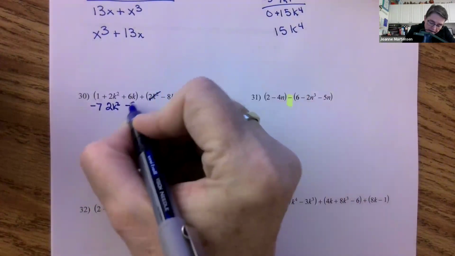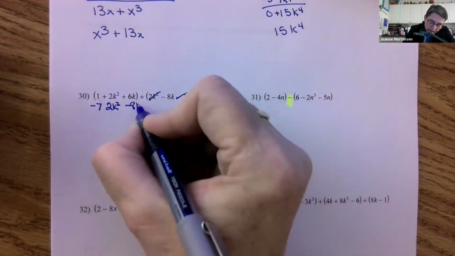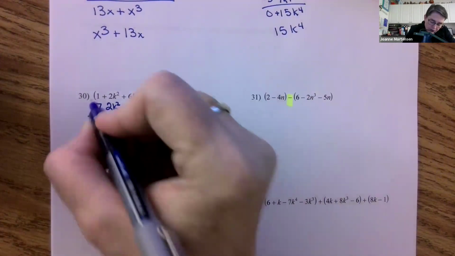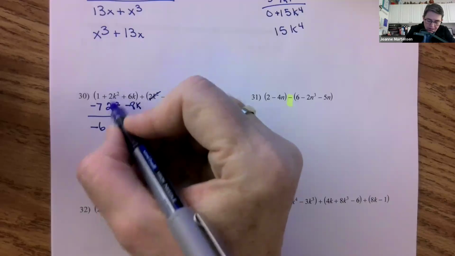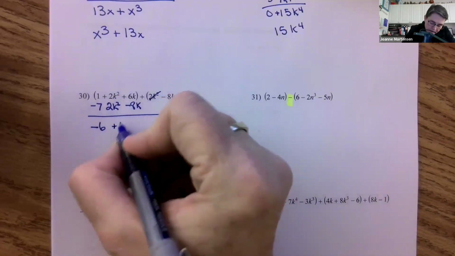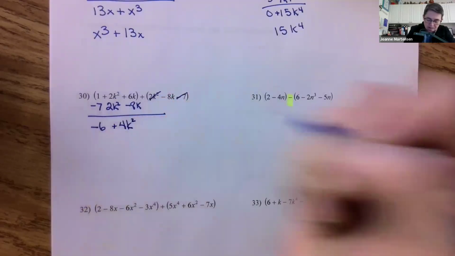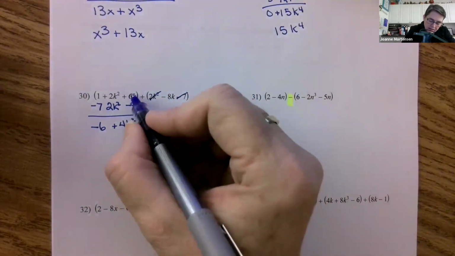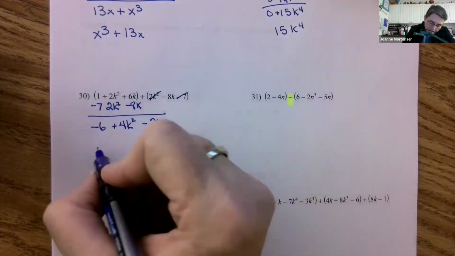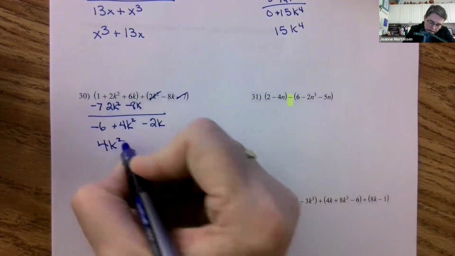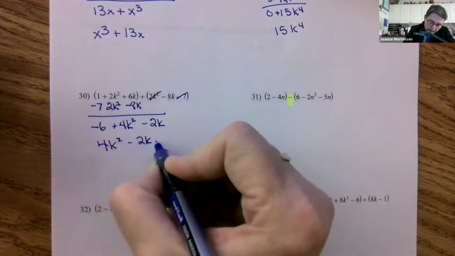And I got minus 8k. So 1 minus 7 is minus 6. 2k squared and another 2k squared is going to give me plus 4k squared. Sorry, I should have said squared each time. And 6 minus 8 is going to be minus 2k. 4k squared minus 2k minus 6.